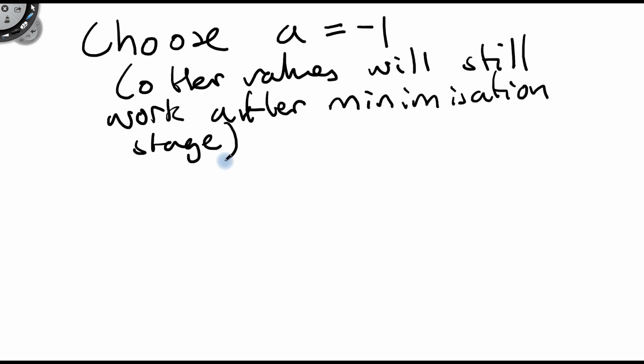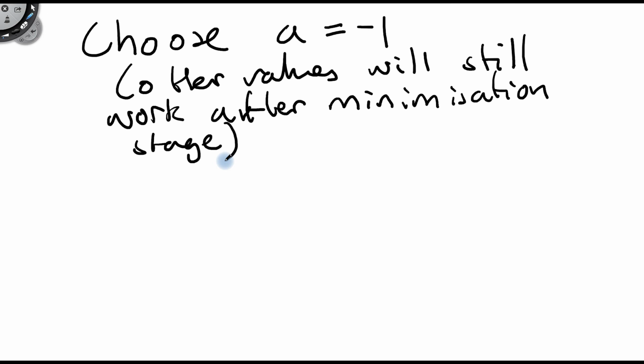Conjugate gradient is very similar to gradient descent apart from the directions you choose. So we're still going to choose a direction and minimize along the trajectory. All I'm going to do here is get that direction, and then in the next video we'll actually minimize along that new direction.